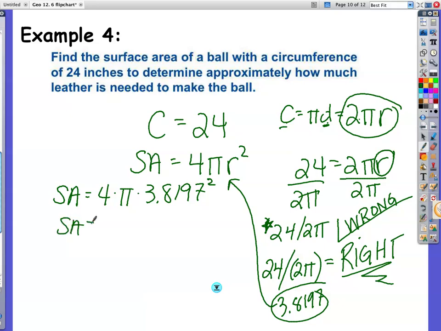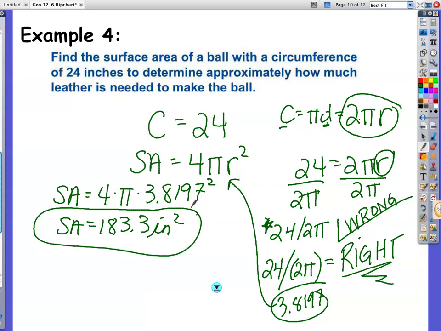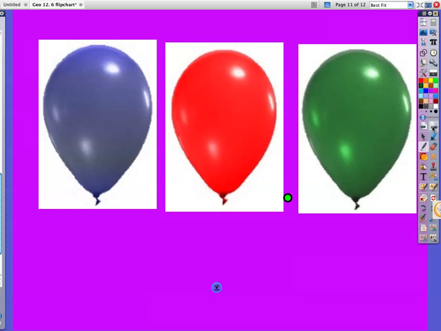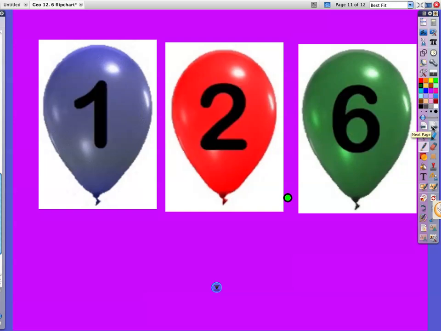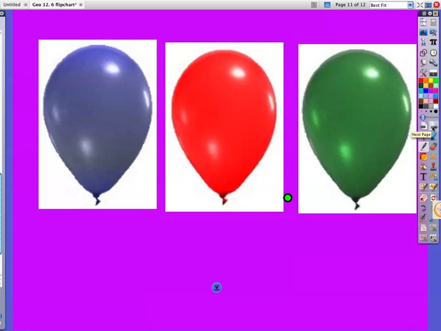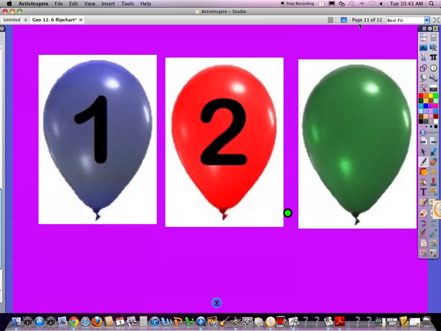I'm getting 183.3, and the label on this would have to be inches squared. Okay, that's example 4, and that ends our last example for lesson 12.6. And this is actually the last lesson for the entire chapter 12. So, until chapter 13.